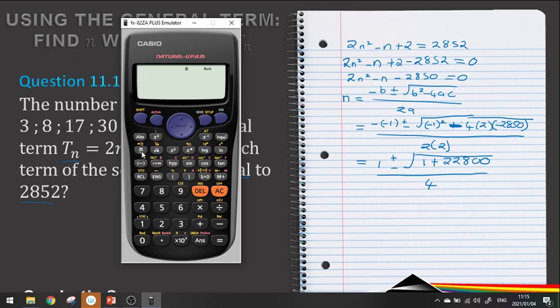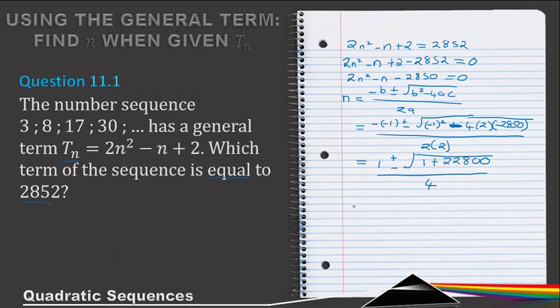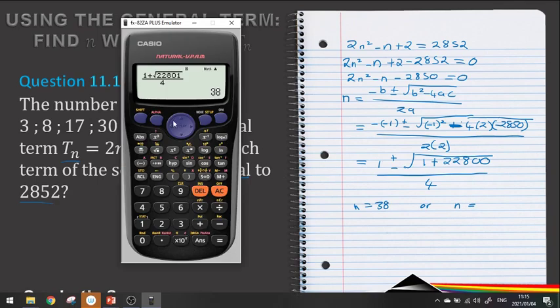We have 1 plus the square root of, so I'm just going to go ahead and say 22801, over 4. And that gives us 38. So n is equal to 38. Or n is equal to, if we substitute in the negative, we get negative 75 over 2.